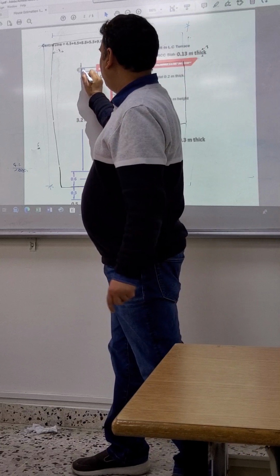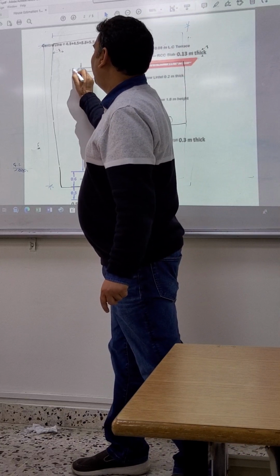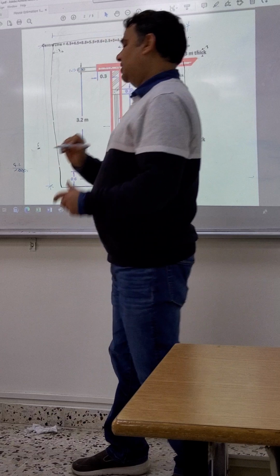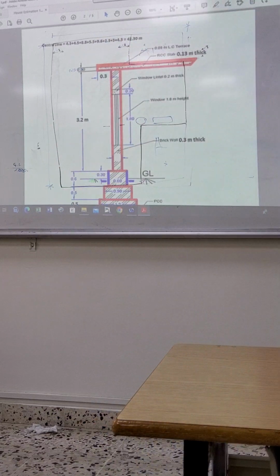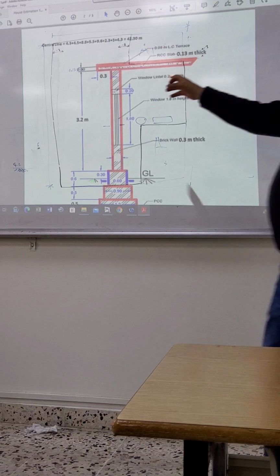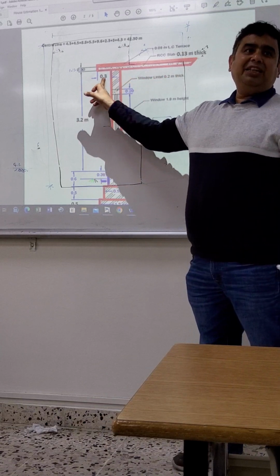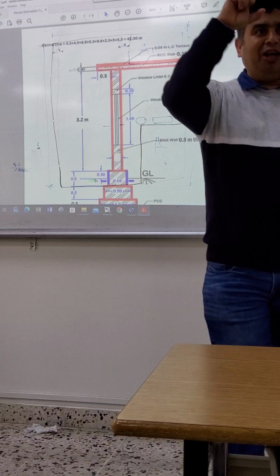It should not be 0.1, it should be 0.13. So in the calculation it will not be 10.5. The projection for 10.5 is 0.3. It is talking about the thickness.